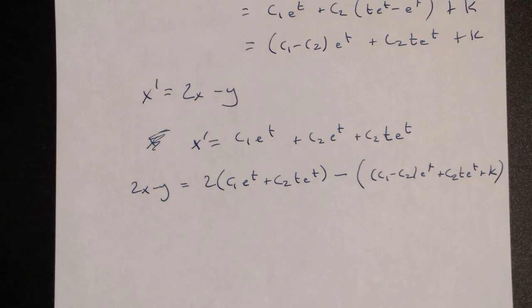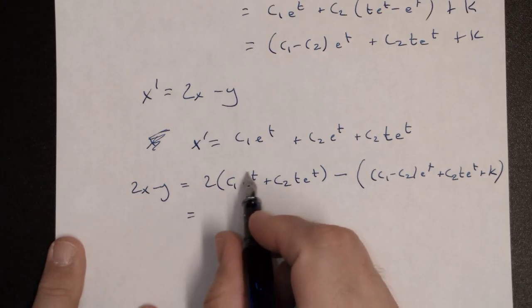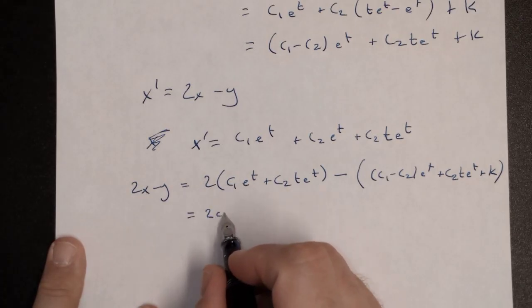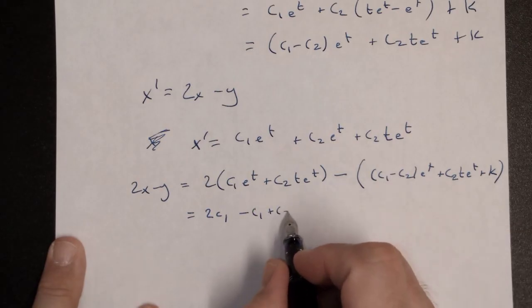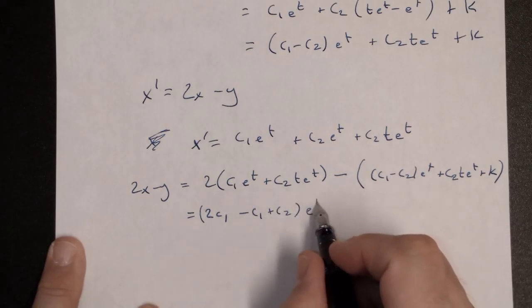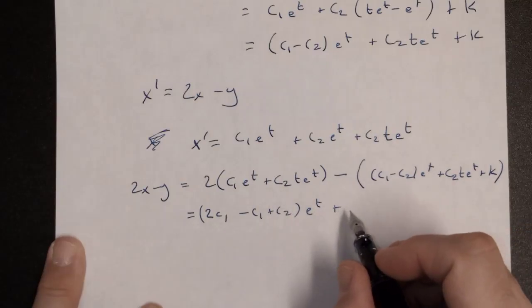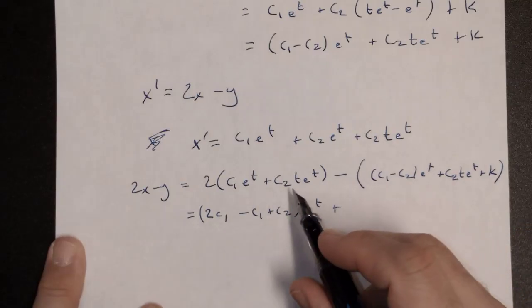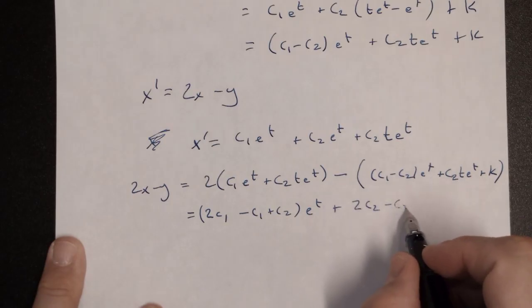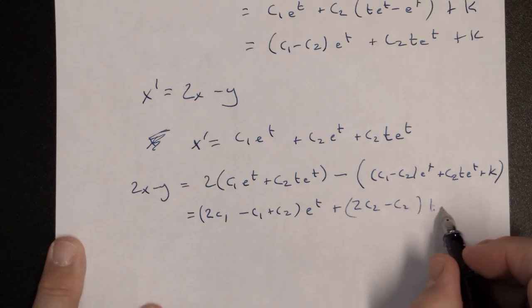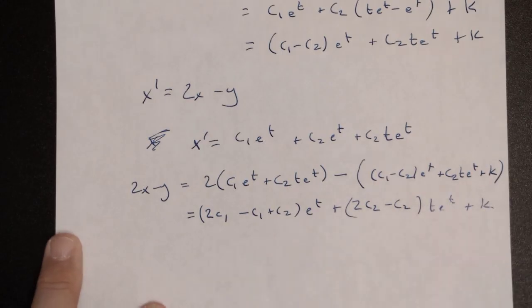We'll group by e to the t versus t e to the t. In the first set of parentheses, I have 2c1 e to the t.